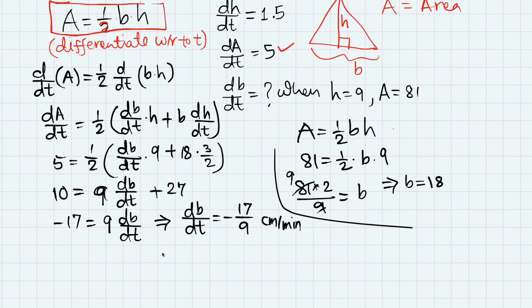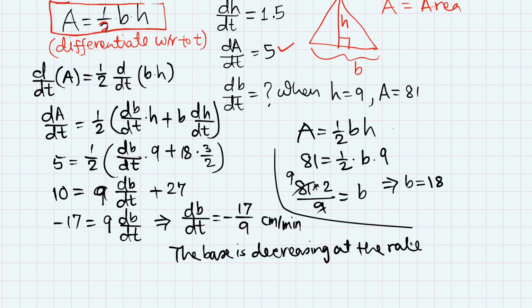You can say that the base is decreasing at the rate of 17 over 9. When we say decreasing, we don't write negative. 17 over 9 centimeter per minute. Final.